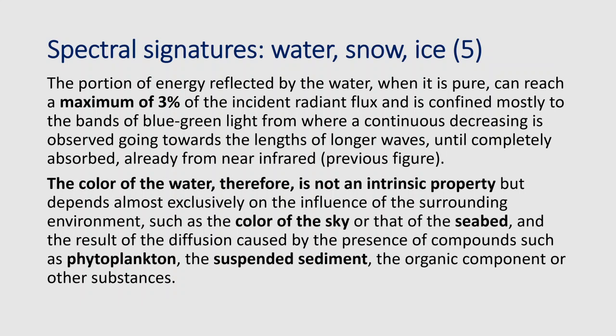So the color of the water is not an intrinsic property of a surface, but of course no surfaces have an intrinsic property related to colors; it's only the way in which these surfaces are reflecting energy. So the water of the sea is not blue: it's blue when the sky is very clear, appears to be grayish when the sky is very cloudy, and of course appears to be black during the night, because it's not reflecting anything that is coming from the sky, because the sky in that situation is actually dark.